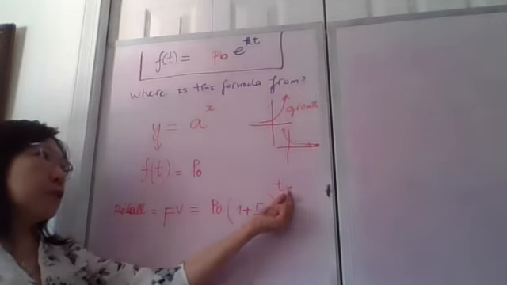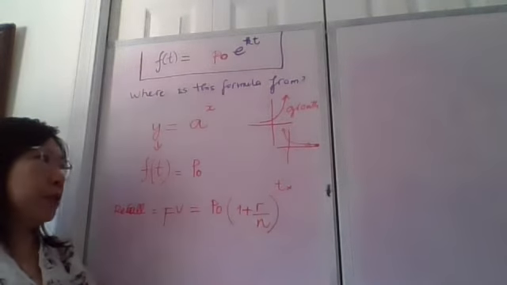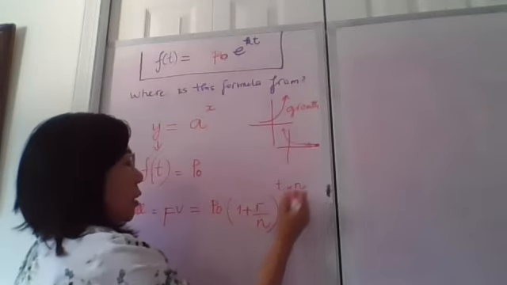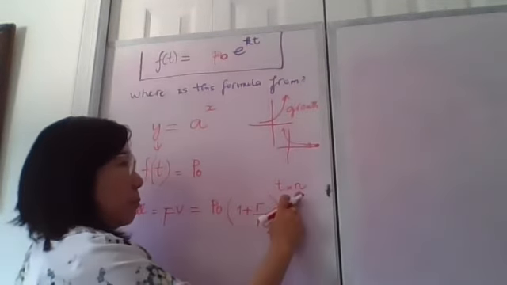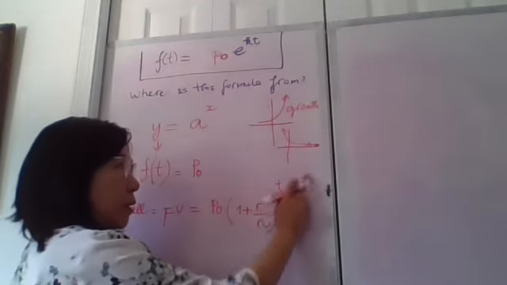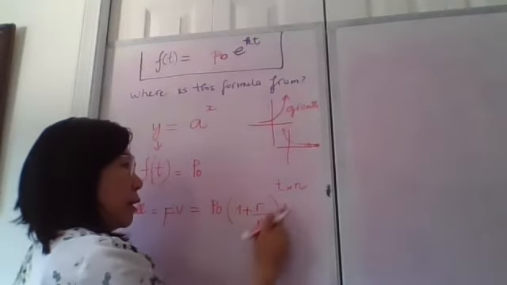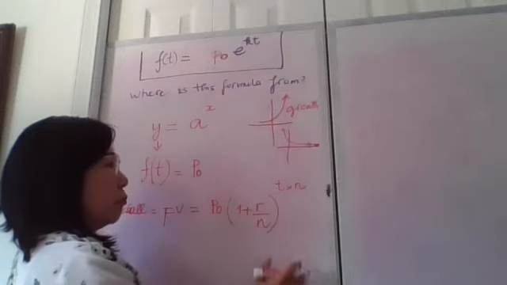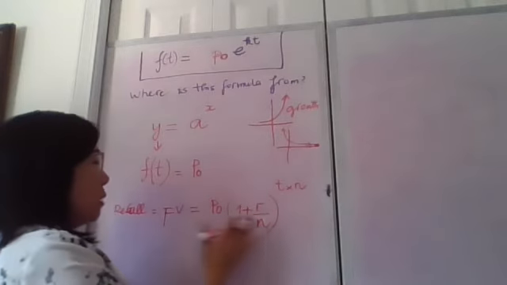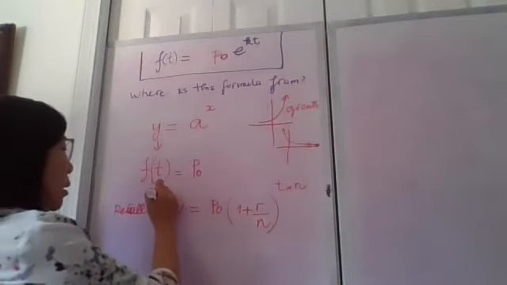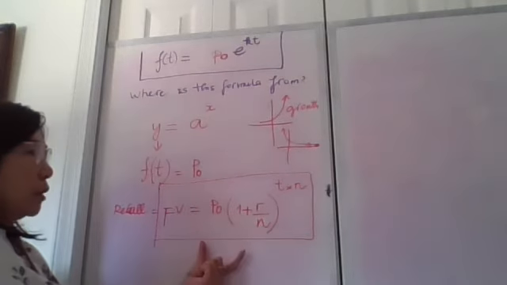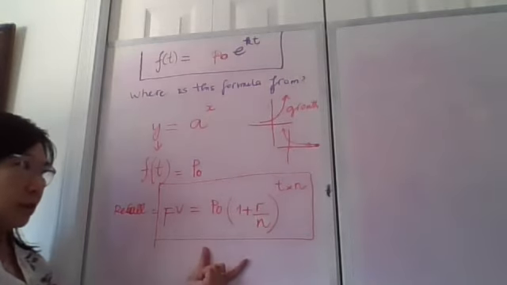And in 2 years, the T will change to 2 times 12 months, which is 24 periods. So the T and the n here are flexible, right? If you divide by 4, you multiply back by 4 to get the 4 periods per year. If you divide by 12, you substitute n by 12, you get 12 periods per year, right? So this is the compound interest formula for earning interest on money, what you have learned in the past, right?